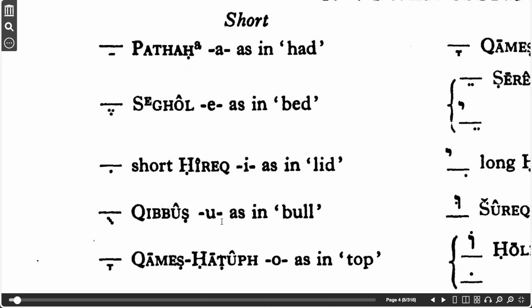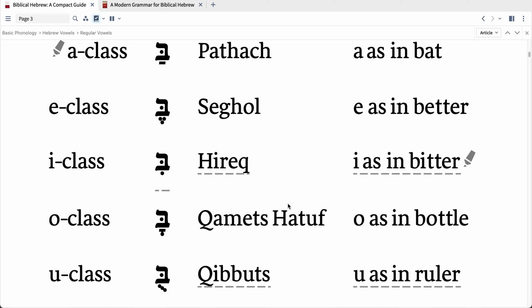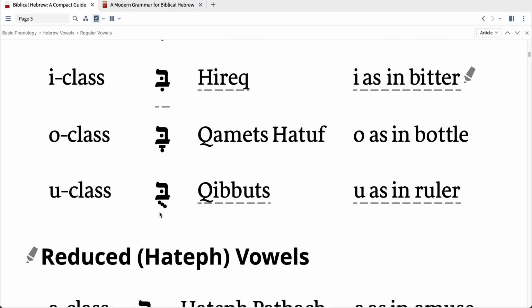Here, the next one, we have kibbutz, kibbutz, and this is one reason why I'm showing it in a different book as well, because that's three dots, put side by side, descending down. So that's the oo sound, the U sound as in bull. You would see that here. There's a little bit better picture of it. Kibbutz, U as in ruler, the U vowel.